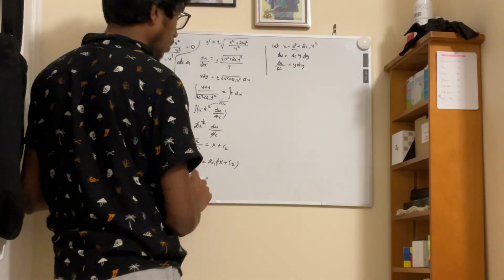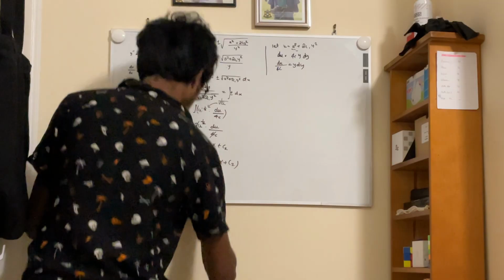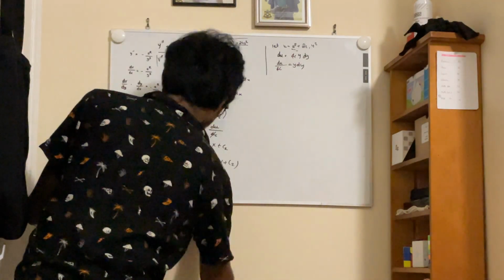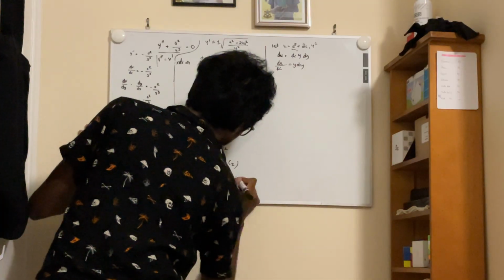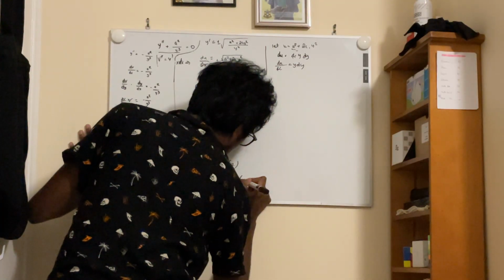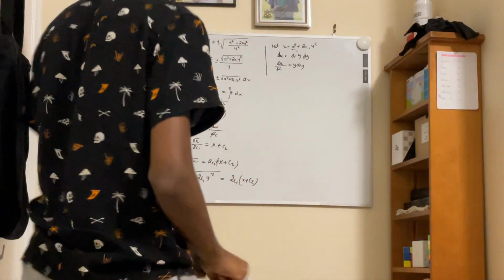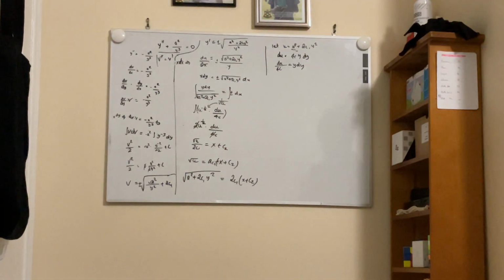And then what's square root of u? It's this. So square root of a squared plus 2c1y squared is equal to 2c1 x plus c2. And I think that is the end of our answer. Yep. That is indeed a solid answer.